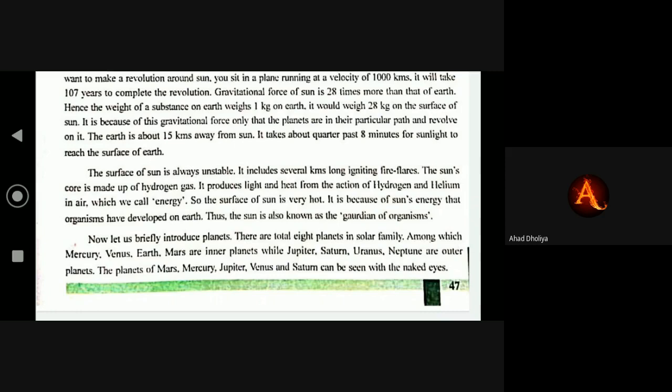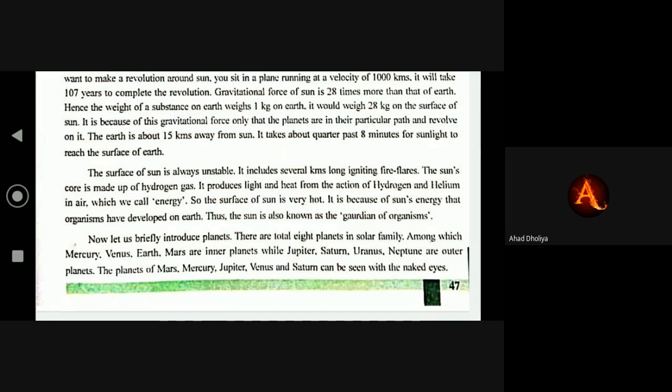The surface of the sun is always unstable. It includes several kilometer-long igniting flares. The sun's core is made up of hydrogen gas. It produces light and heat from the action of hydrogen and helium in air, which we call energy. So the surface of the sun is very hot.